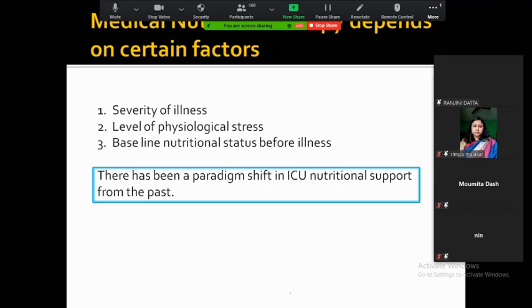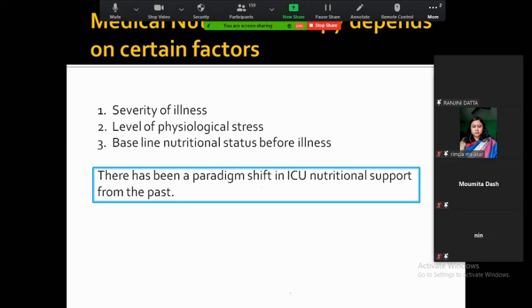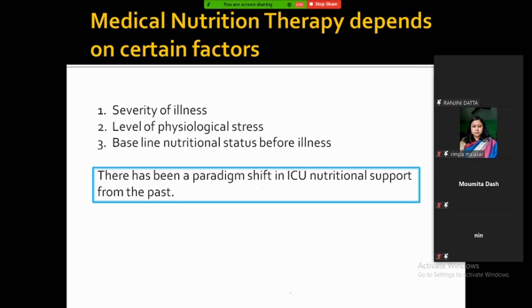Basically, nutritional intervention in critical care or in the ICU deals a lot with the management or stoppage of the development of sepsis, which leads to all the other conditions which actually become problematic or push the patient to a further detrimental status.